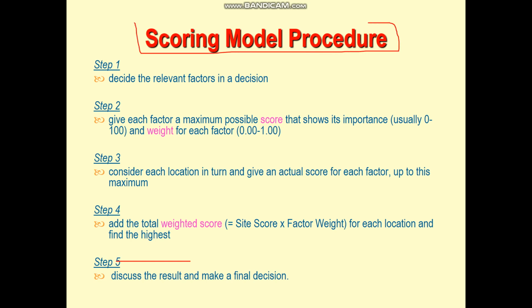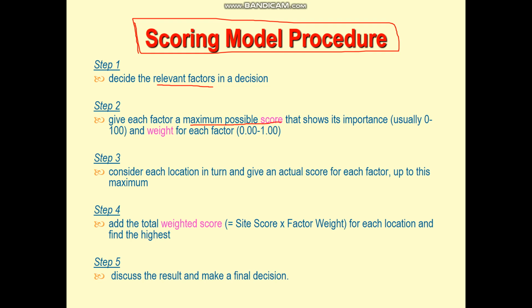So what you have to do when you use the scoring model, the first step, you have to determine the relevant factors in the decision, like what you focus on more, what kind of factors you consider. And second, you give each factor the maximum possible score that shows its importance.